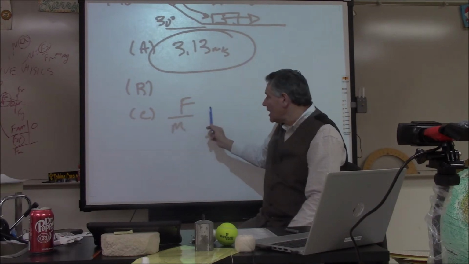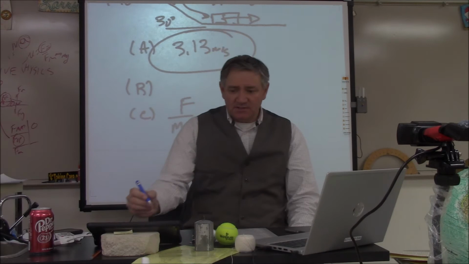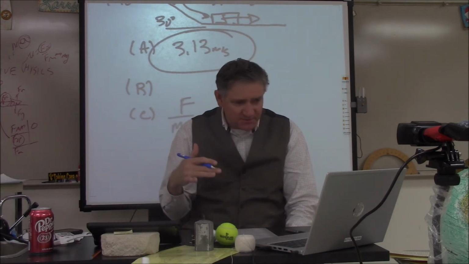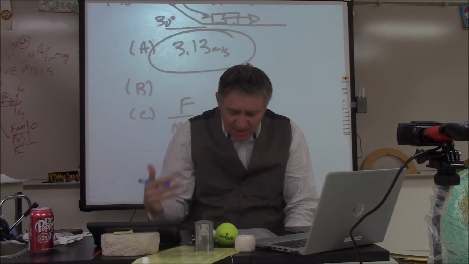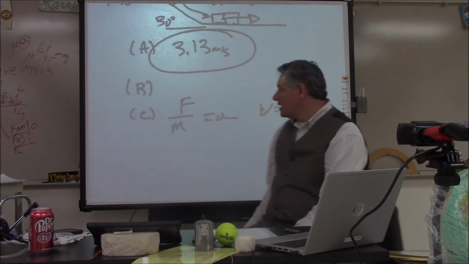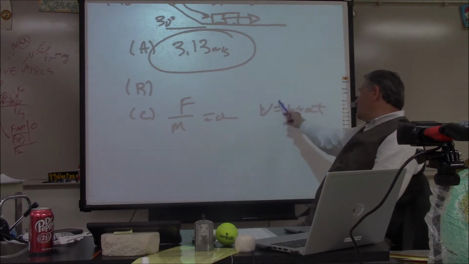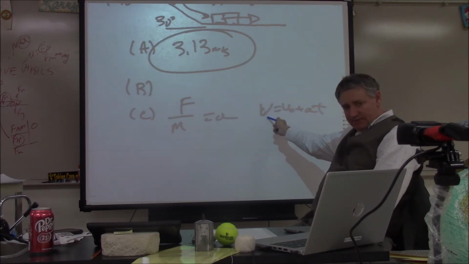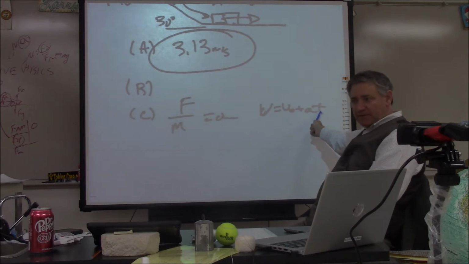Then you can find your acceleration that way. So you can go old school, force divided by mass equals acceleration, and then use V equals V naught plus AT. You know your acceleration, you know your initial velocity, and that final velocity is going to be 0, and then you can solve for time that way.